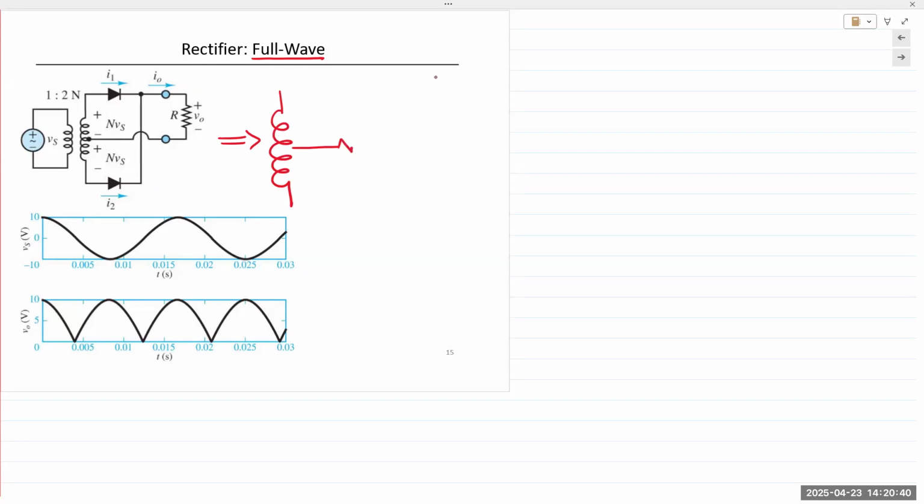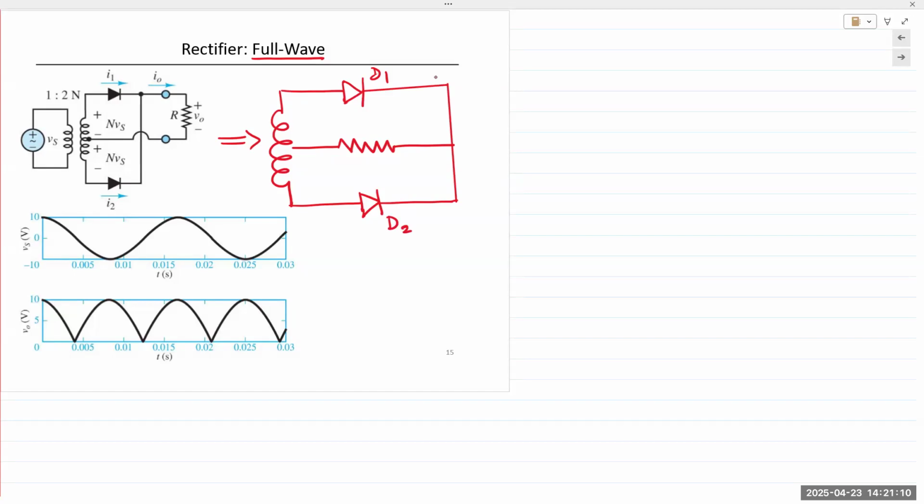This is what I learned with, and this is what I teach. Far simpler schematic. Essentially the same. Okay. You have diode D1 on top, diode D2 on top.